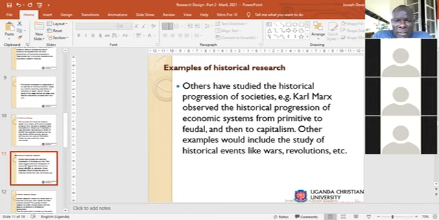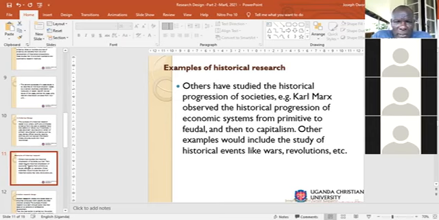Even people who have recorded for us the First World War and the Second World War used historical data to present to us the reality about the wars, how they are. Even now, if you want to study the First World War, you have all the data because people were able to put together data about the First World War, which happened from 1914 up to 1918.